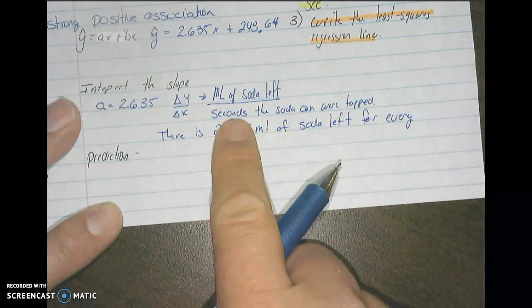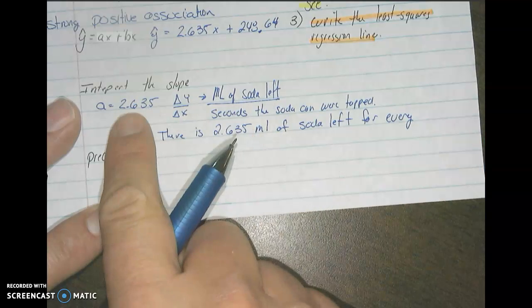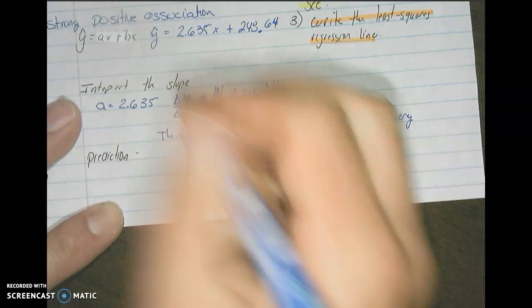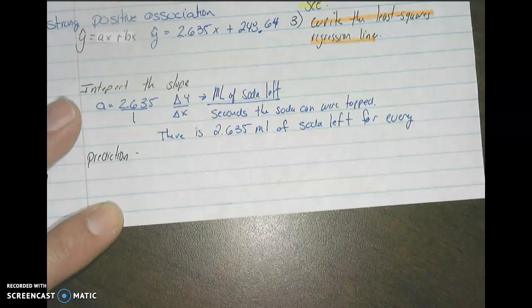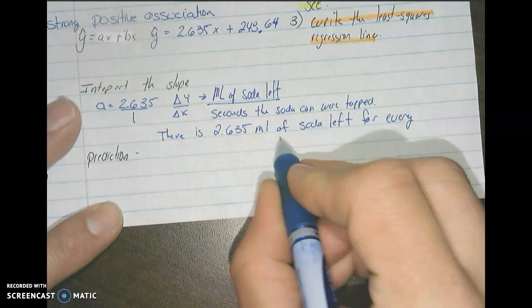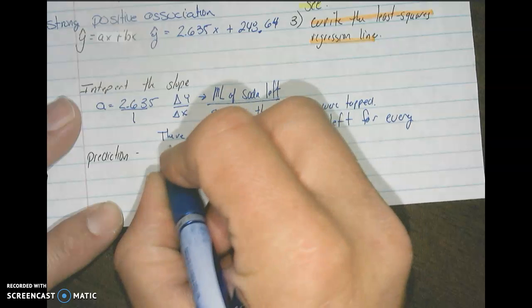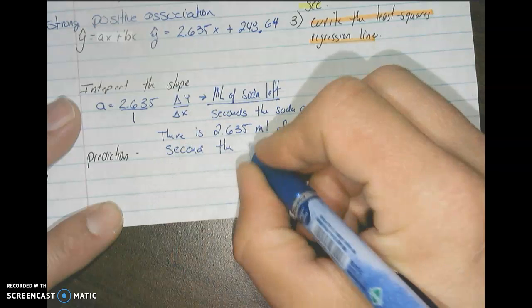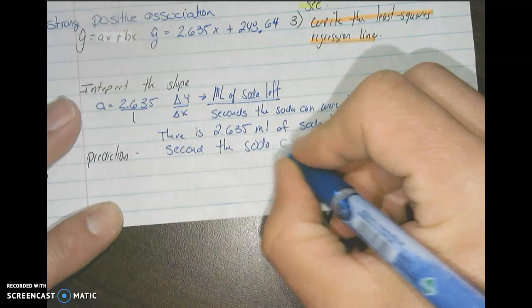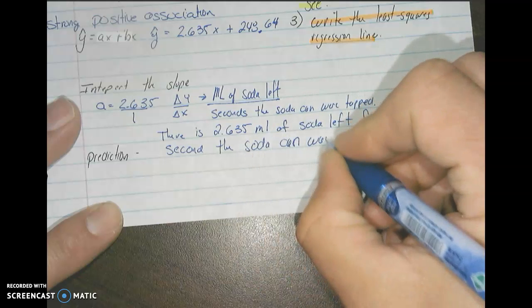If it's 2.635, what's that over? It's going to be over 1, right? So there's 2.635 milliliters of soda left for every second the soda can was tapped.